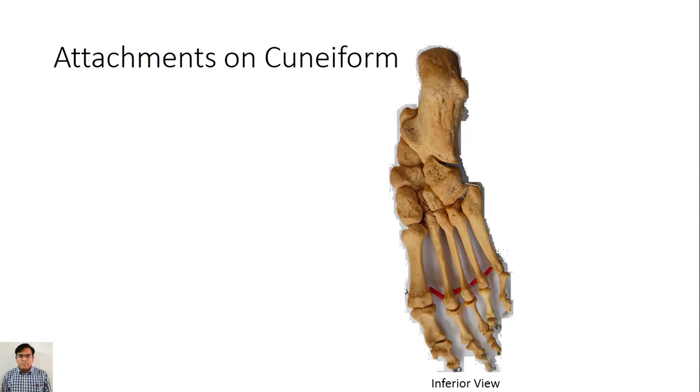Now, the attachments on the cuneiforms. There is attachment of tibialis posterior near the navicular bone on the inferior side of the medial cuneiform. Then the distal side of the inferior aspect of the cuneiform gives attachment to tibialis anterior insertion.